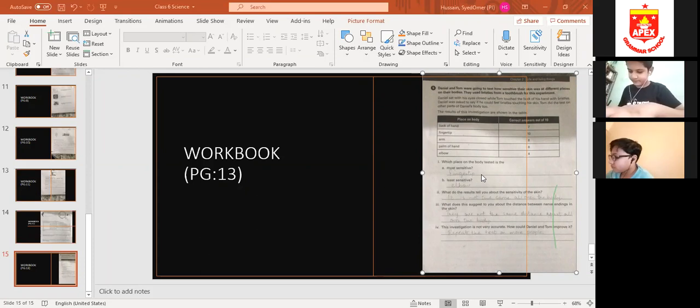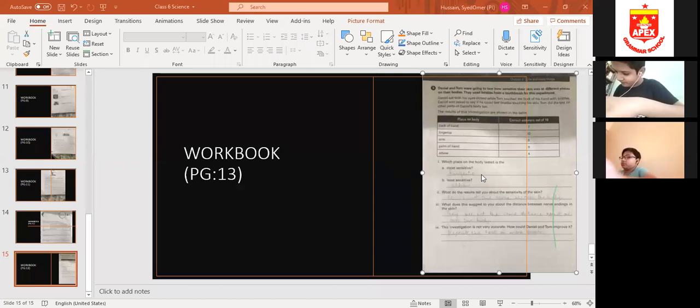Number 3, what does this suggest to you about the distance between nerve endings in the skin? Because we have read that nerve endings are basically nerve cells responsible for carrying messages towards the brain. So what does this suggest about the distance between nerve endings on the skin? That they are not the same distance apart.